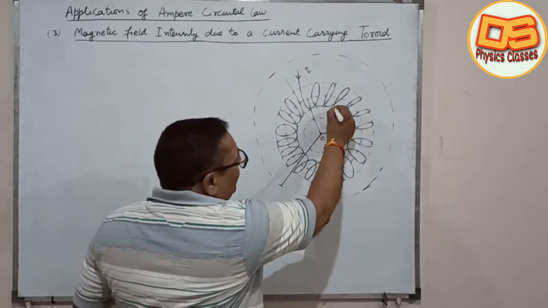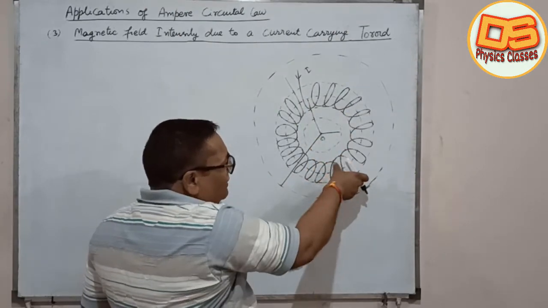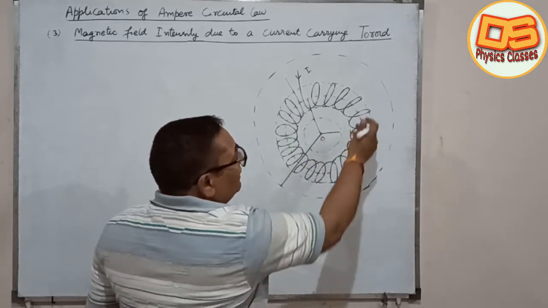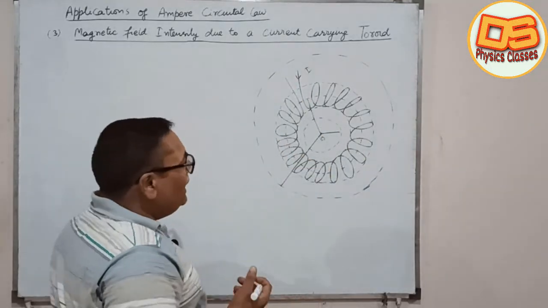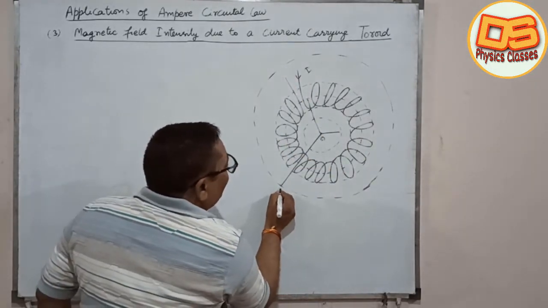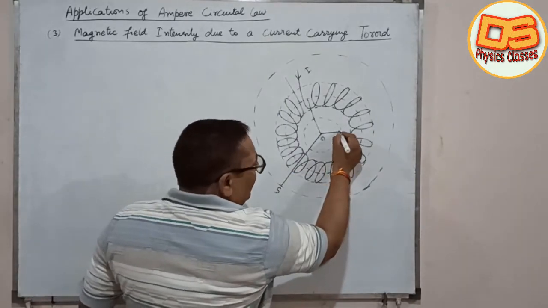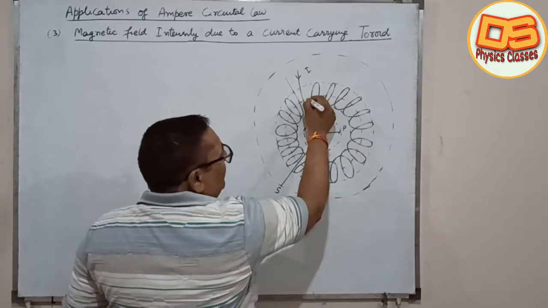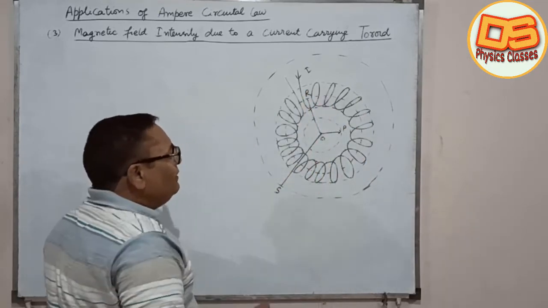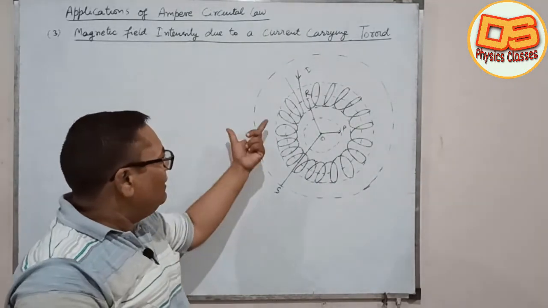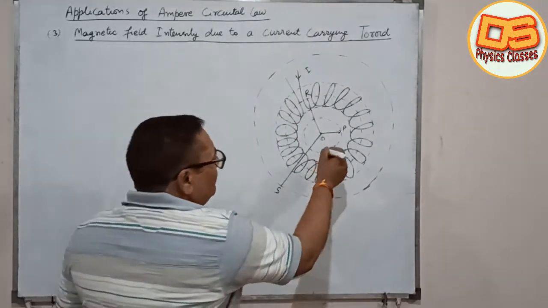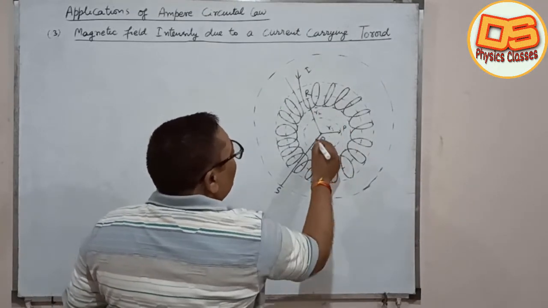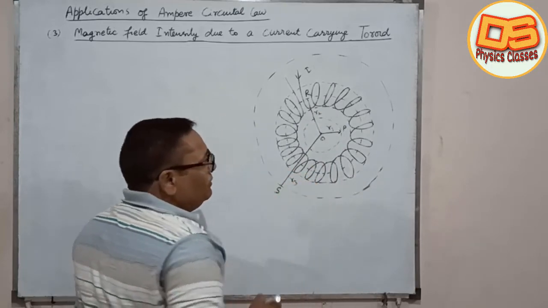One part is the point inside the toroid. One part is the middle portion, where the magnetic field intensity exists. One is outside the toroid. Let the outside point be S, the gap point be P, and the point inside the toroid be R. P, R, S: select 3 points, with radius R1, radius R2, and radius R3.